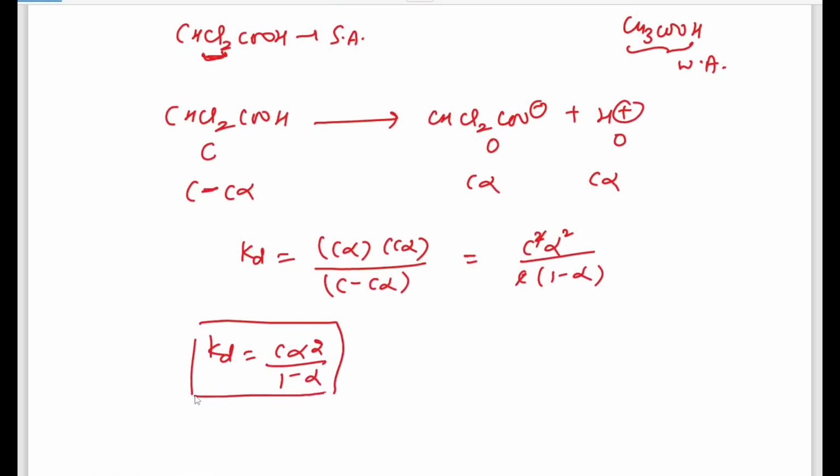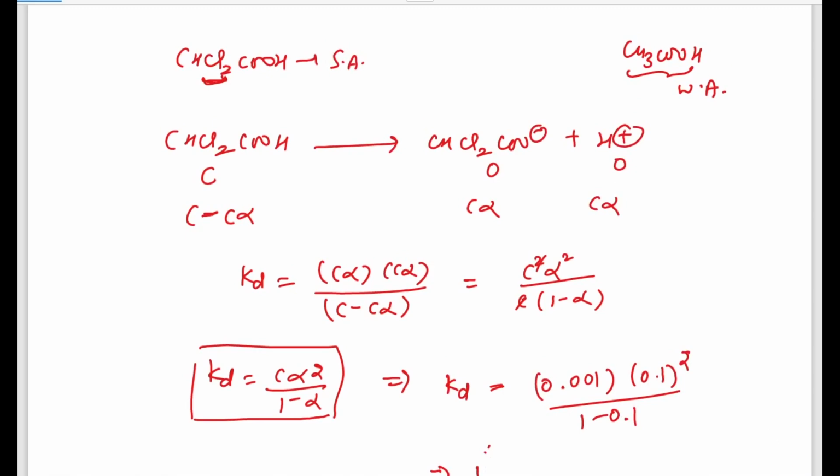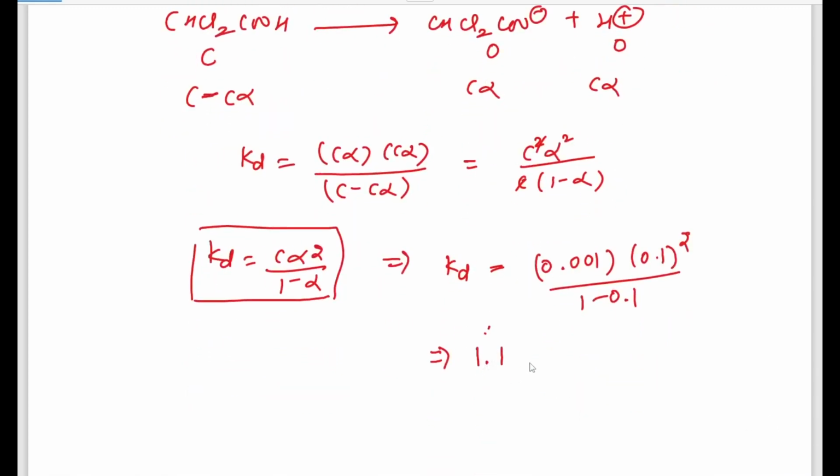Now we can find the dissociation constant Kd just by filling in the values here. The concentration is 0.001 and alpha is 0.1, squared, over 1 minus 0.1, and after solving we get 1.1 × 10^-5.